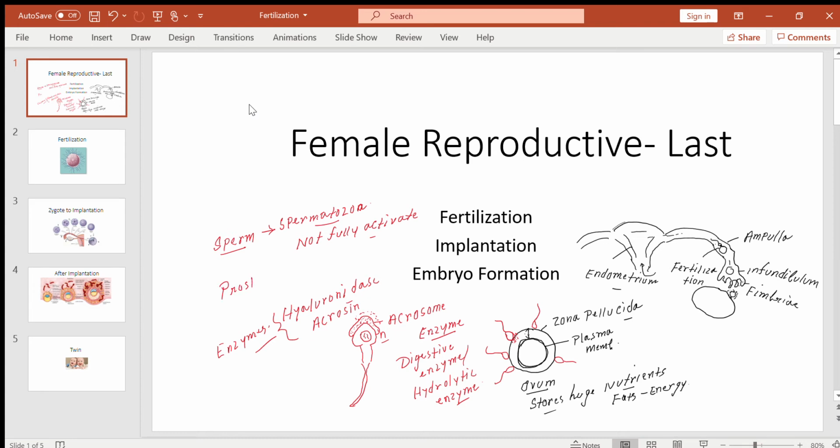Prostatic secretion does what? Partially activates the spermatozoa.